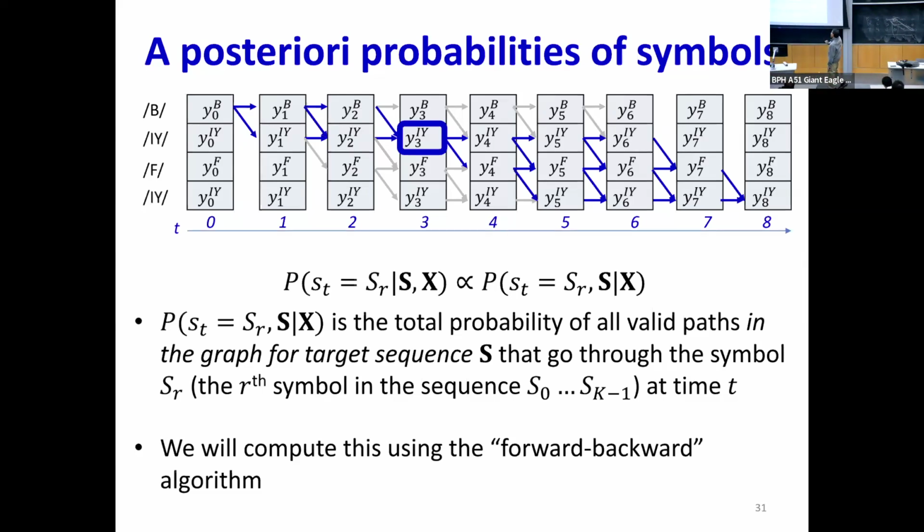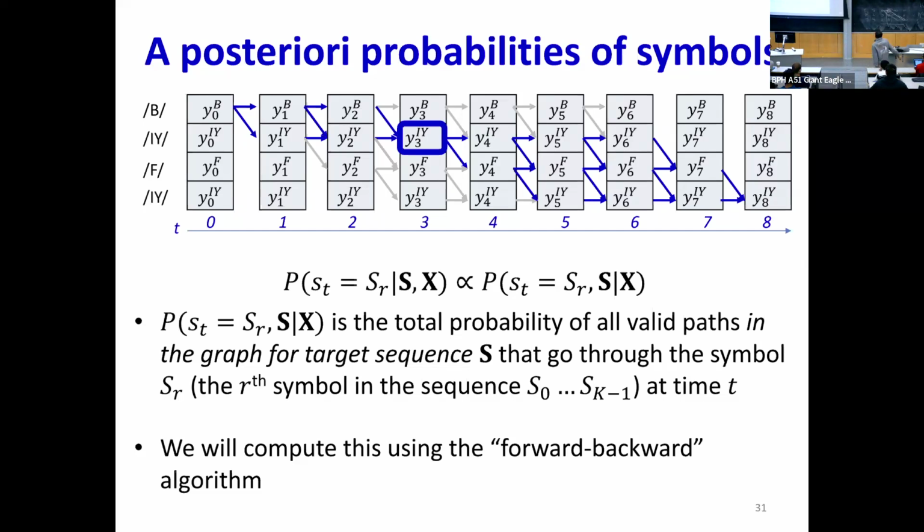So go back and in my example, I have the node E aligning to the symbol 3. What is the posterior probability that when I align B phi to my input, that alignment is going to align E to X3? That is proportional to the portion of the graph that goes through the E3 node, because that represents all paths that align E to the third input. Does that make sense to you guys?